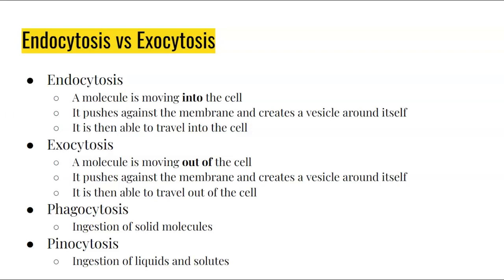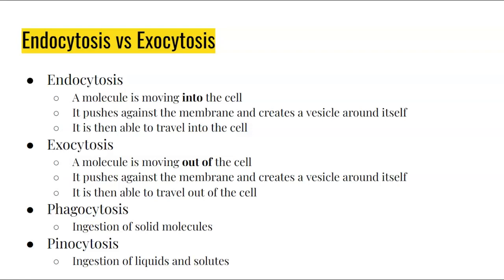And then finishing up, we're going to talk about endocytosis versus exocytosis. So endo means inside, exo means outside. So endocytosis is a molecule moving into the cell. What it does is it pushes against the cell membrane, and it pushes enough that the cell membrane, because it's fluid, will go around it to prevent itself from tearing.